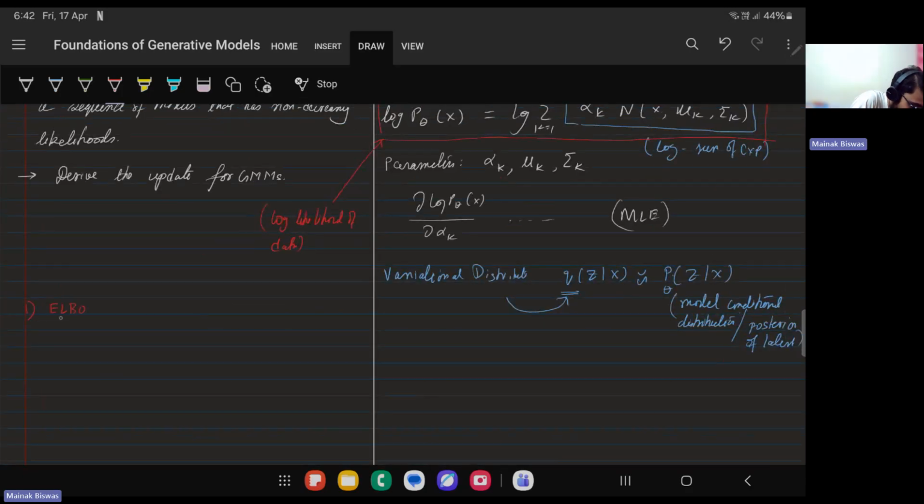I am telling you that I cannot directly optimize for p theta of x in a mixture model, because it is computationally intensive.